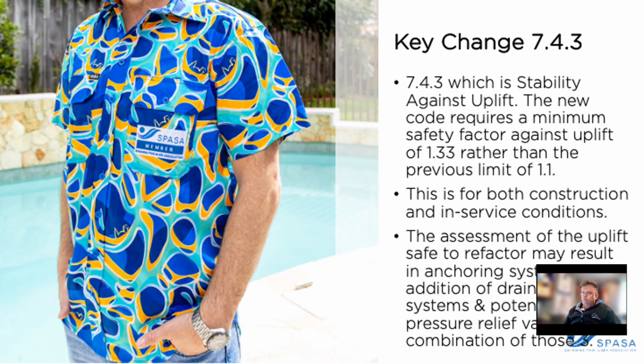So with the pool fully embedded in founding material, which is fully saturated, therefore it's got a full hydrostatic uplift, it needed at least 10% more weight to keep it in the ground. Well, now the code is requiring that be 33%.